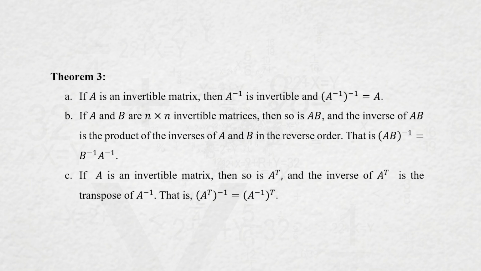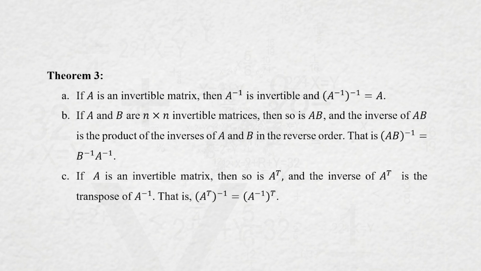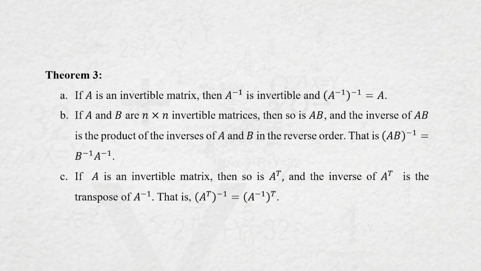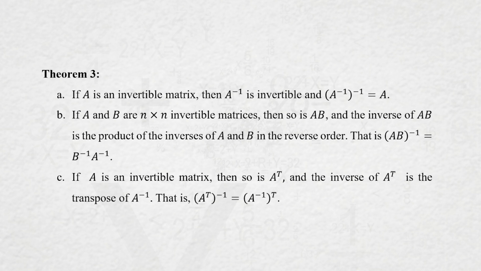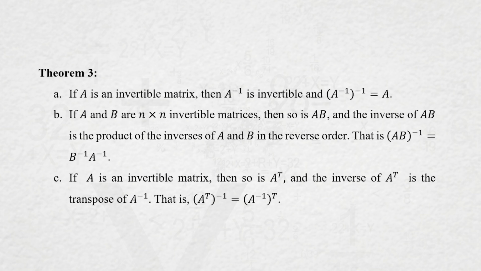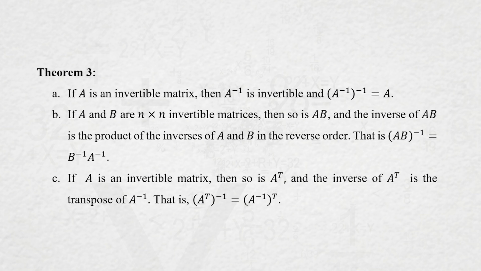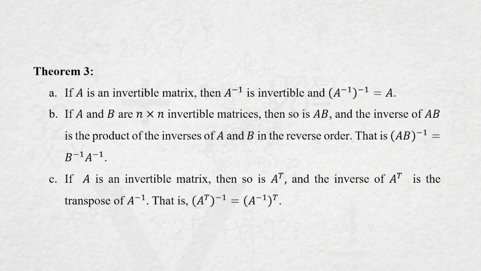That is, AB the whole inverse is equal to B inverse A inverse. If A is an invertible matrix, then so is A transpose, and the inverse of A transpose is the transpose of A inverse. That is, A transpose the whole inverse is equal to A inverse the whole transpose.